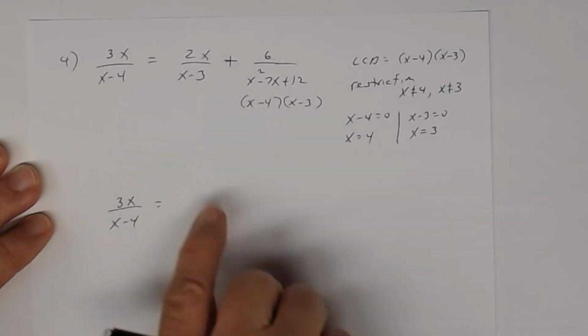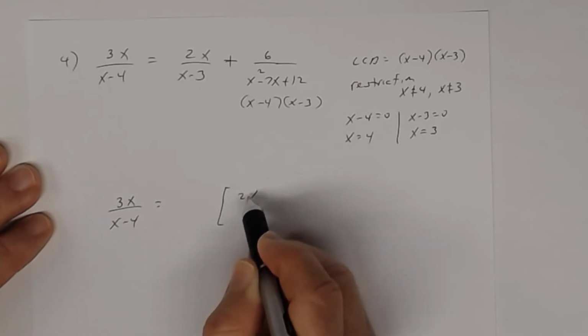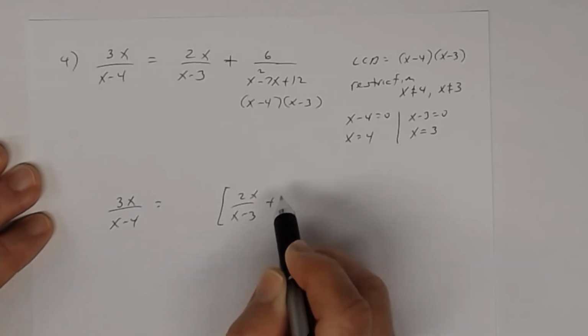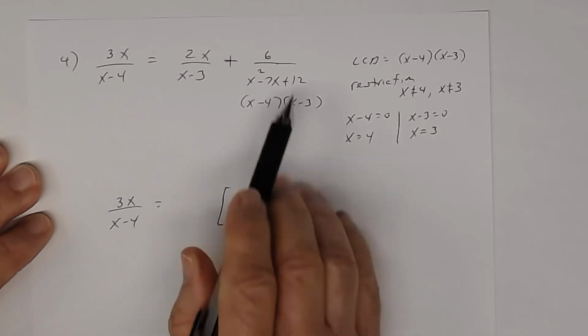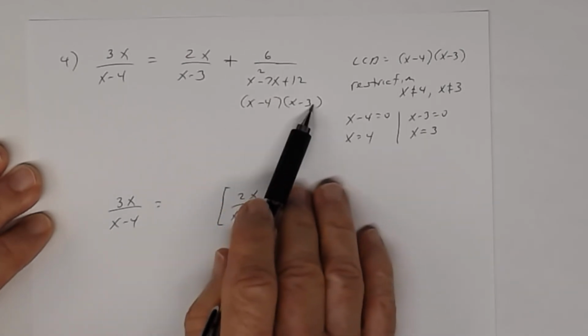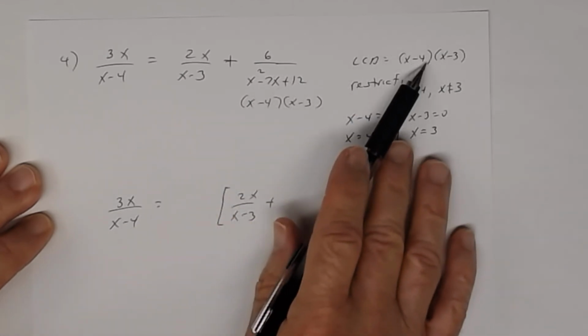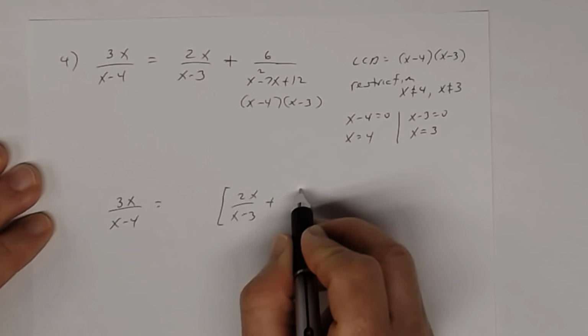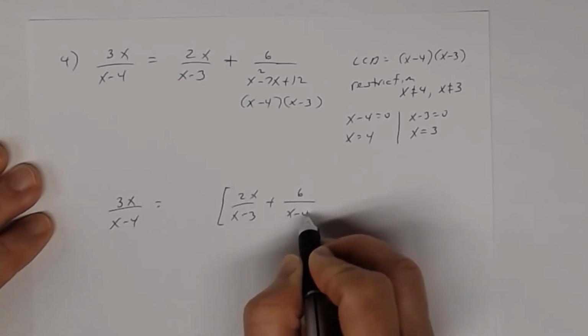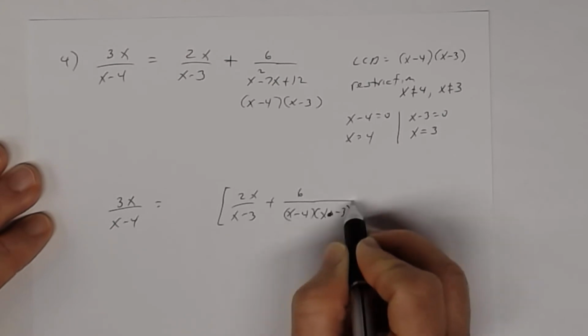So I'm going to put some space here, and I'm going to do this. So 2x divided by x minus 3 plus, and when you rewrite this rational expression here, leave it in factored form because you're going to be using the LCD, and the LCD is in factored form. So 6 divided by x minus 4 times x minus 3. Okay?